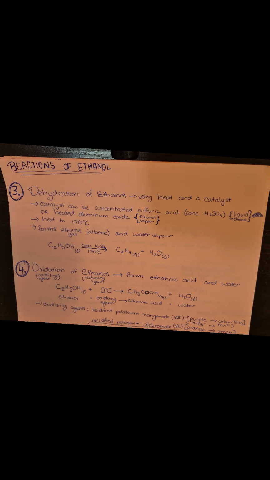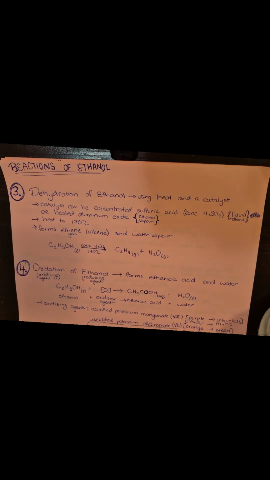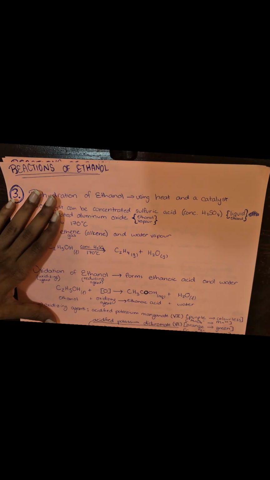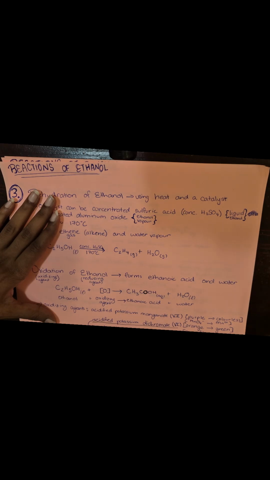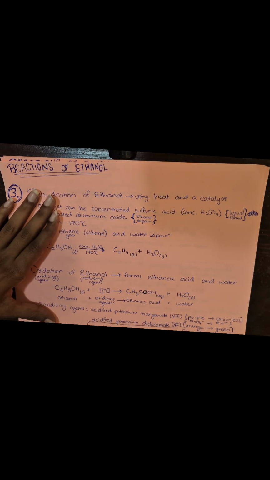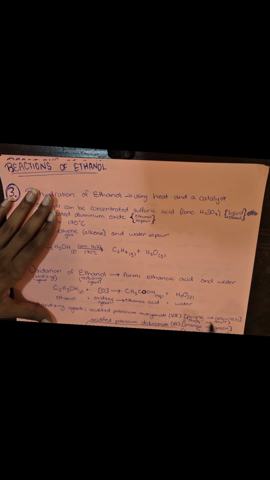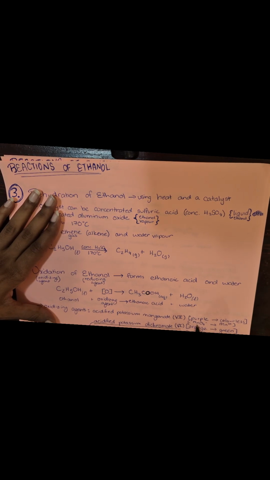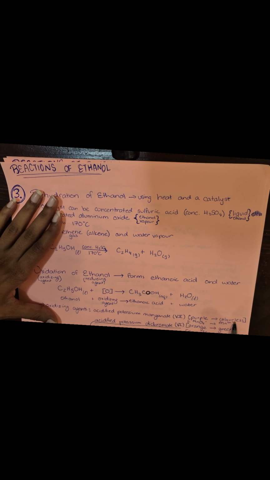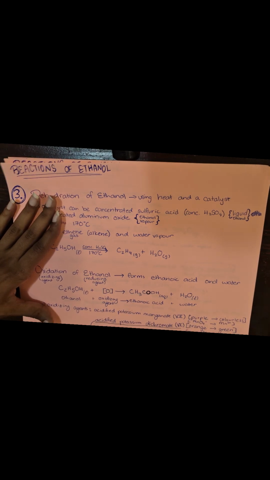If there's ethanol in your breath, the ethanol will act as a reducing agent and reduce the dichromate into chromium, and it would turn green, and the police would know that you've been drinking. And as for the acidified potassium manganate, if you use this to detect it, it would go from purple manganate and be reduced to manganese, which is colorless.